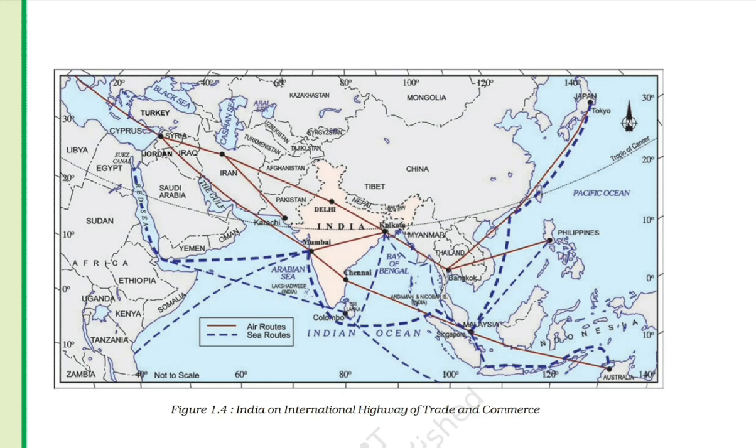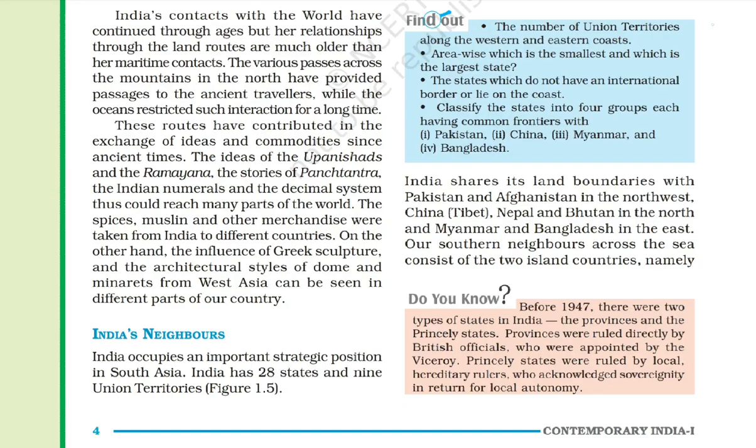They had to cover the southernmost point of Africa and come to India. So it's a vast distance. Instead of that, after the opening of Suez Canal, India's distance from Europe has been reduced by 7,000 kilometers.